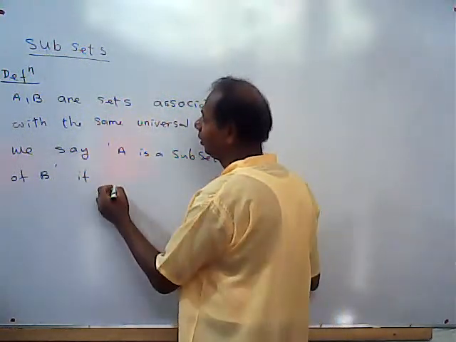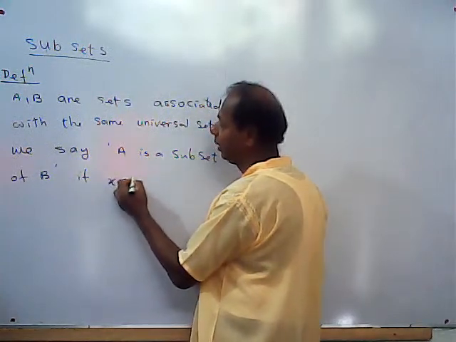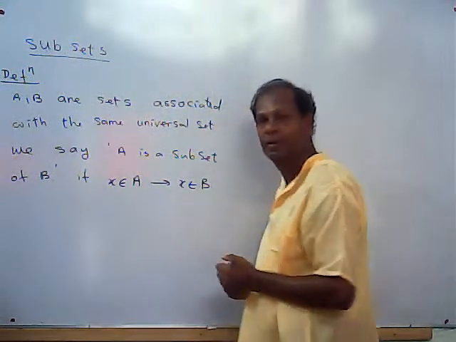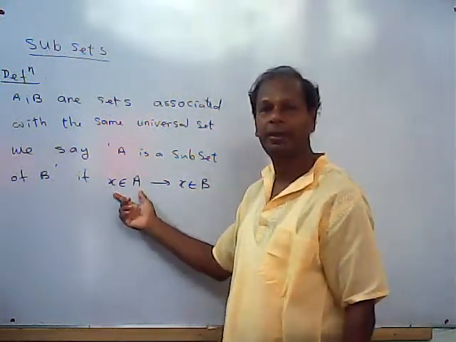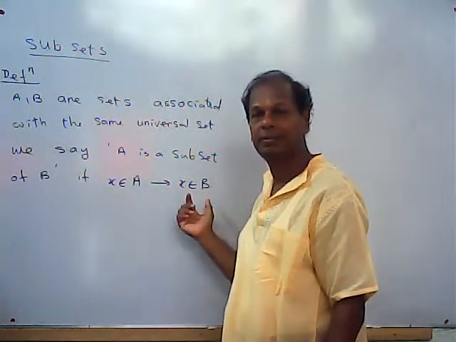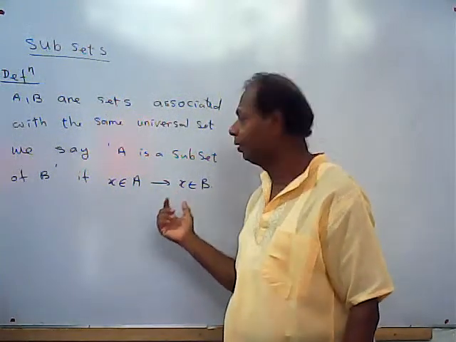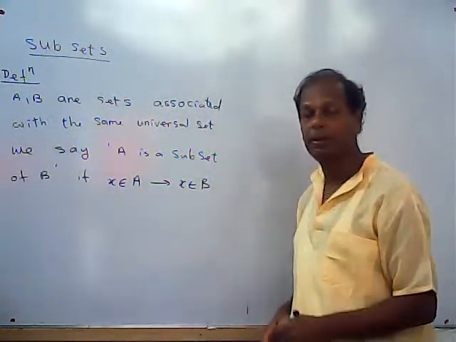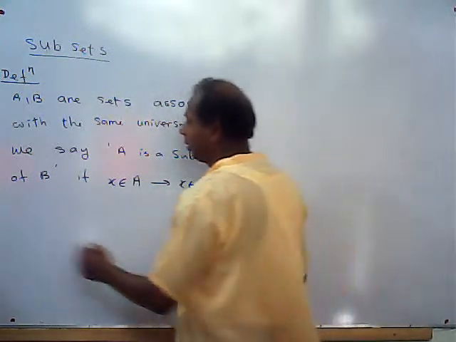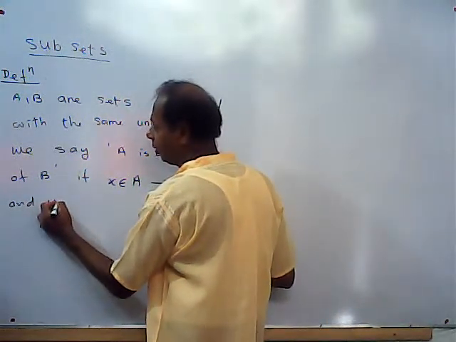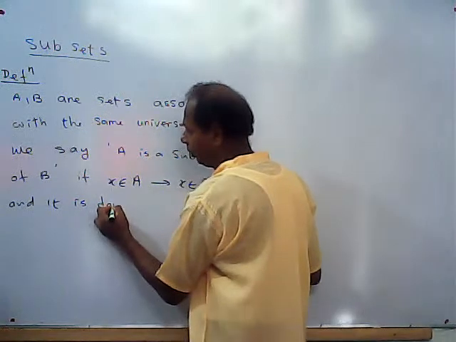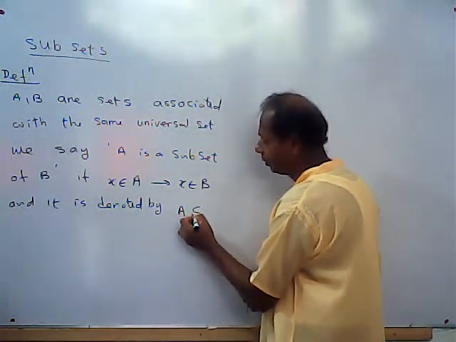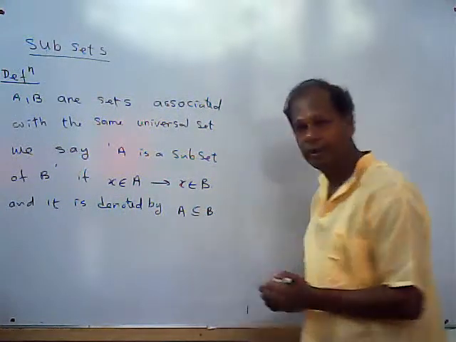If X belongs to A implies X belongs to B. If X is in A, then it's in B also, right? So under this condition, we say A is a subset of B, and it is denoted by A is a subset of B, right?